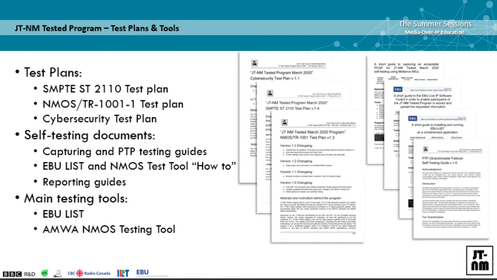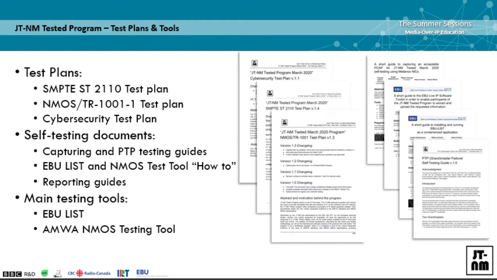Of course, some tools. Some tools that we've been using since the beginning of the program are the EBU LIST, the Live IP Software Toolkit, and the AMWA NMOS testing tools. The cool thing about these tools is that they are free, both like free beer and free speech. They're free to use, but also open source, so you can actually go ahead and have a look at how the actual tests are performed, and to support the vendors in their self-testing stage of the event.